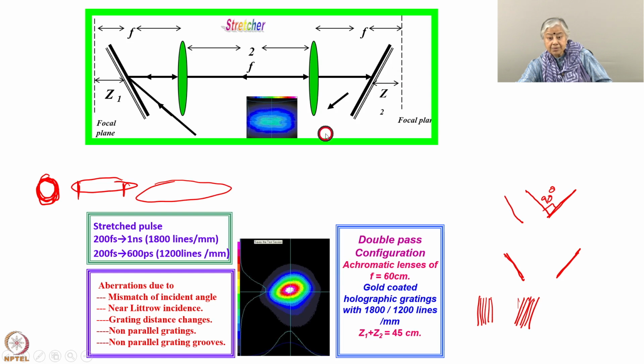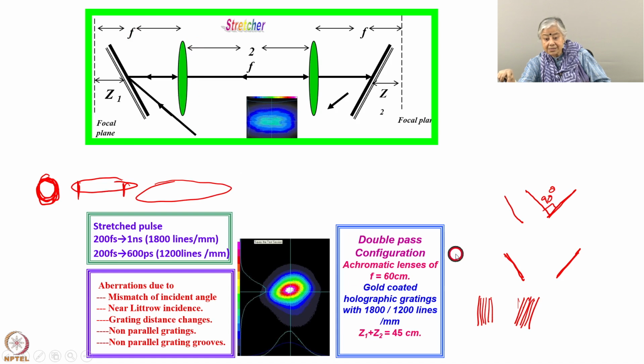By achromatic I mean this lens should have a dielectric coating so that all the wavelengths that are there are not getting lost. It is allowed to pass through. Okay. So, I need a coating so that all those frequencies pass through. You do not want to lose your spectrum.